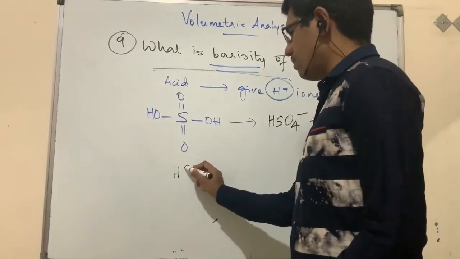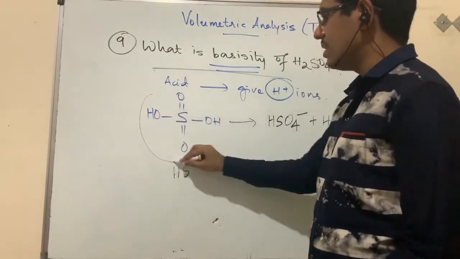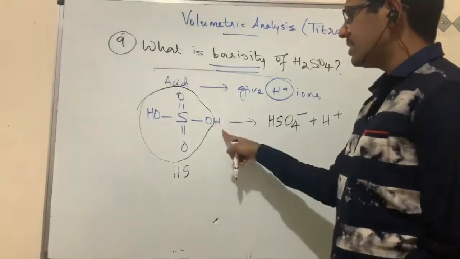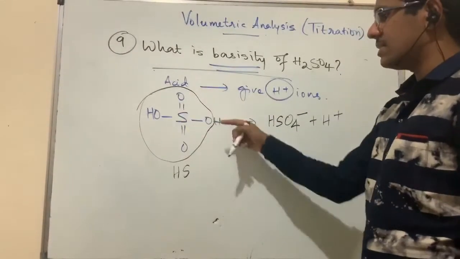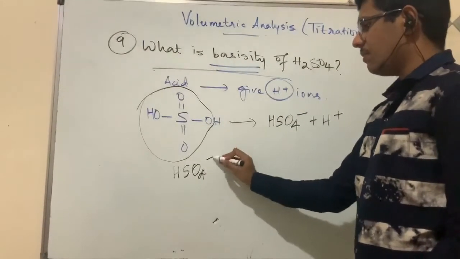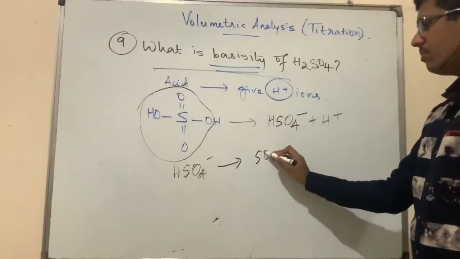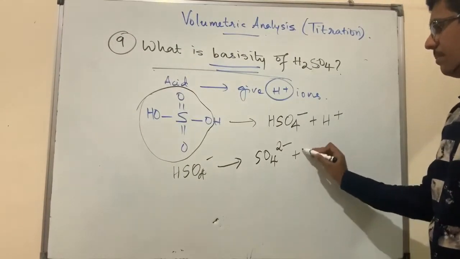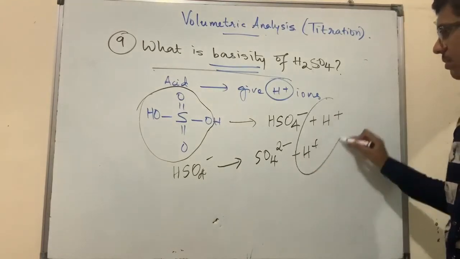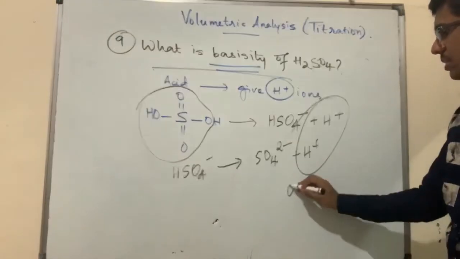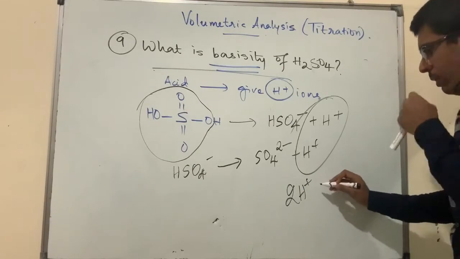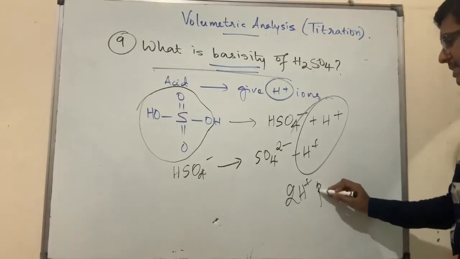This HSO4 minus is nothing but this: you remove the hydrogen, so you are getting HSO4 minus. HSO4 minus can again lose one more hydrogen and produce SO4 2 minus and a proton. So how many protons are produced? 2 protons. 2H plus is produced.